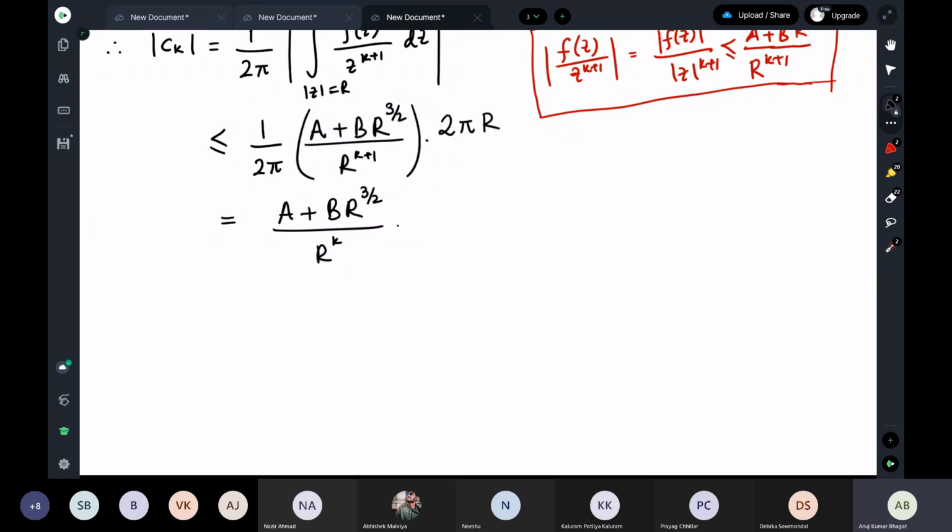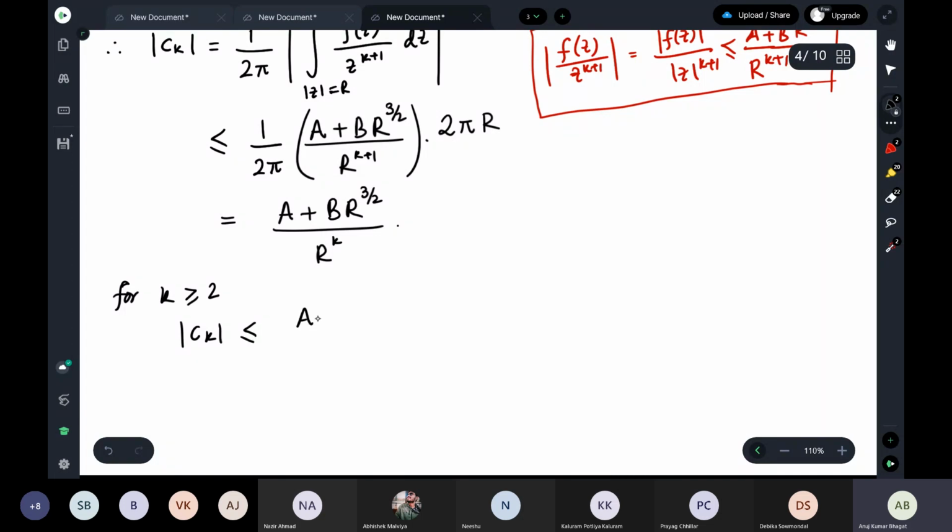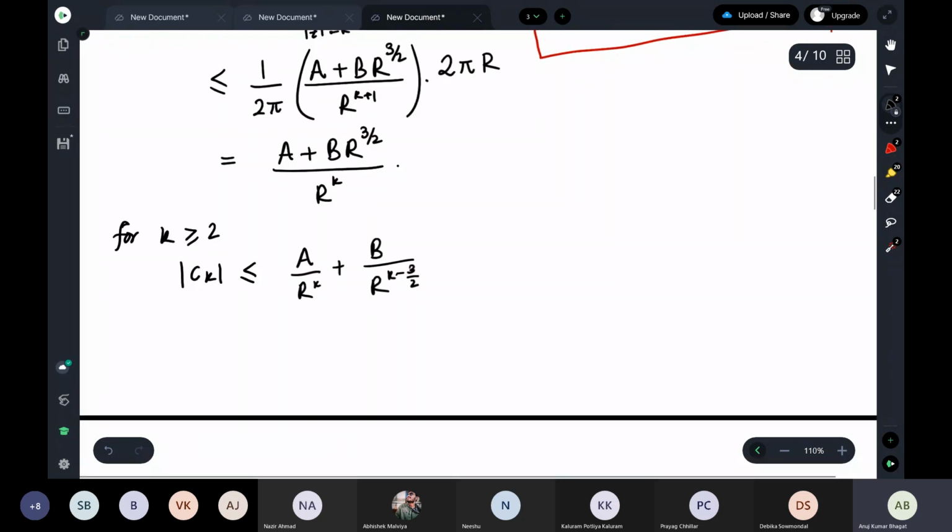So for k greater than or equal to 2, modulus of c_k is less than or equal to a by r to the power k plus b by r to the power k minus 3 by 2. And because k is greater than or equal to 2, this will go to 0 as I choose r large.